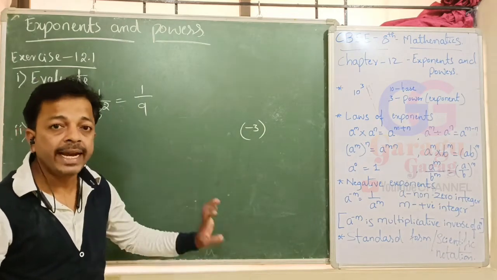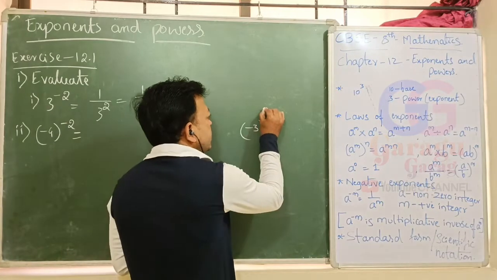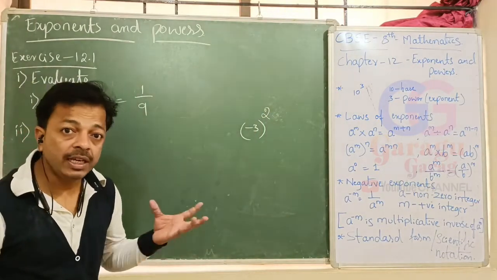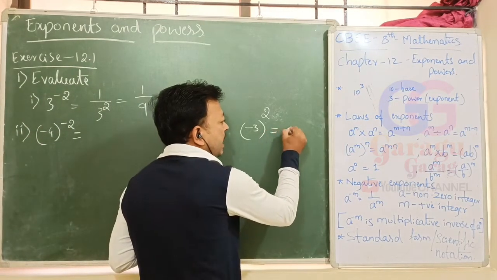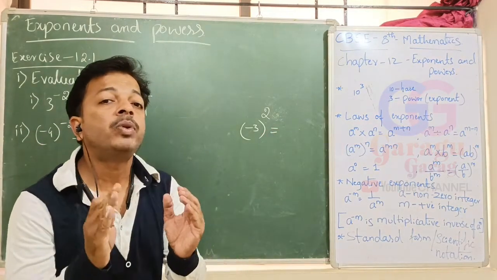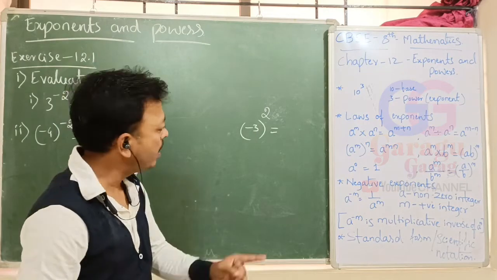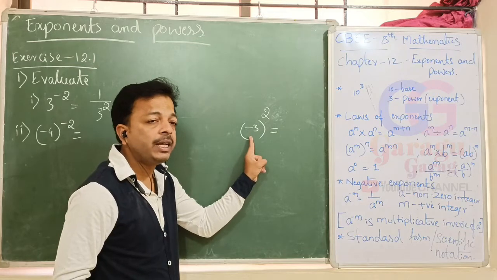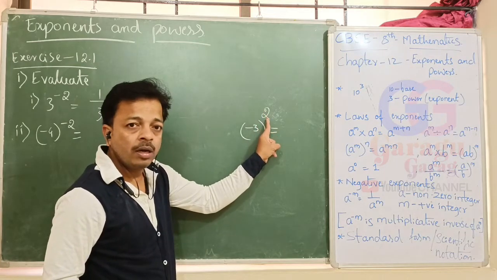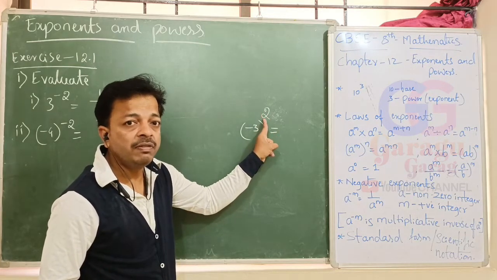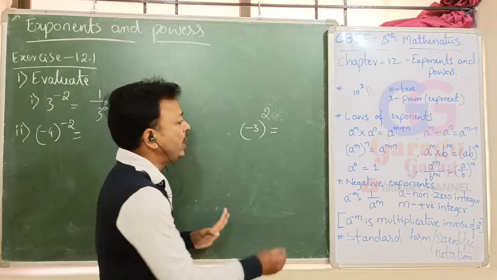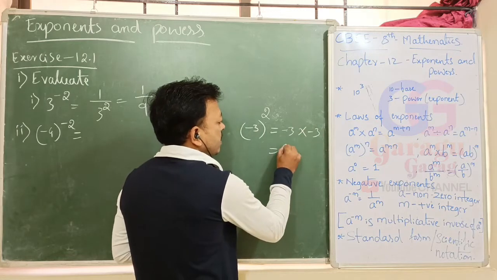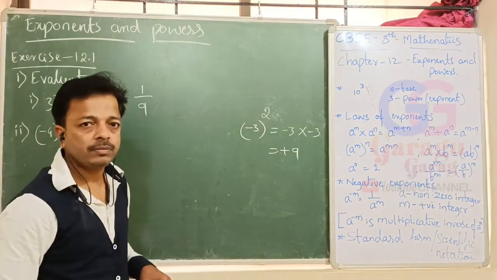If the number is negative and the exponent is even, then whatever value you get is positive. Remember, if the number is negative and the exponent is even, then you get a positive value. See here, minus 3 into minus 3, that is minus times minus is plus, 3 threes are 9.